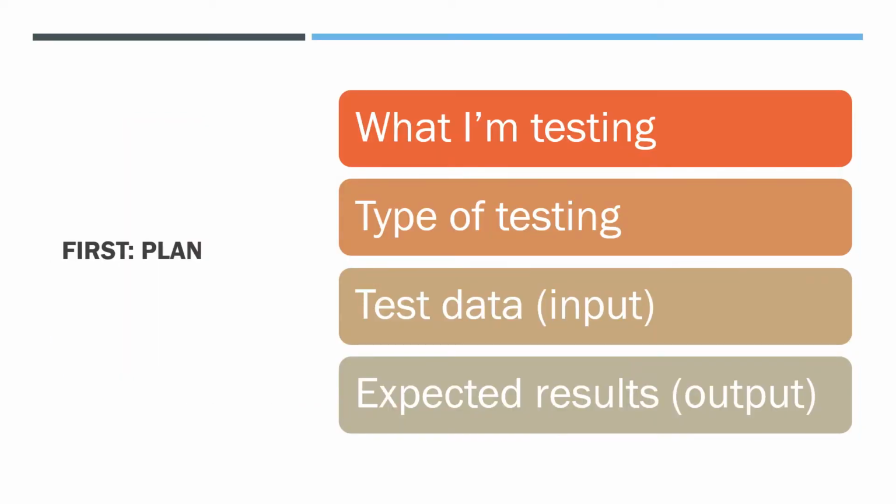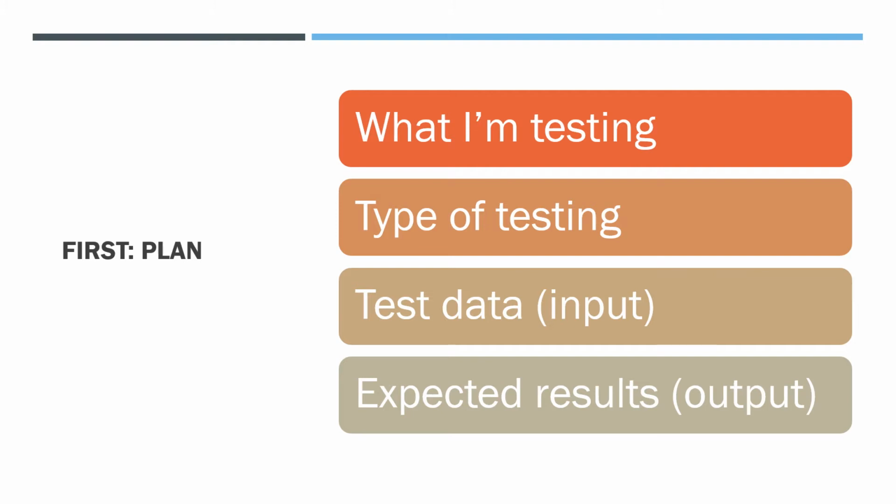So the first thing you do is make a test plan, and your plan should set out all your tests, and for each test you should provide the following information. You should give a general idea of what it is you're testing, like your password system or the scoring system. The type of testing, that would be normal, boundary and erroneous testing.